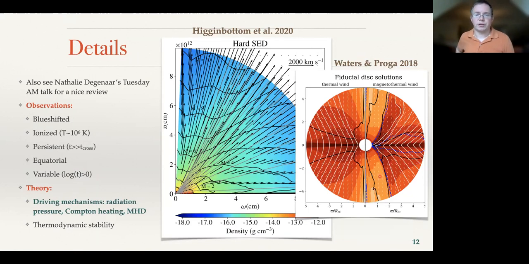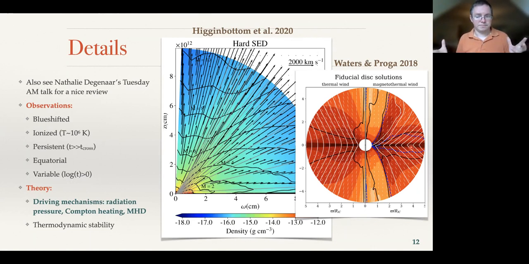So here are a couple snapshots from simulations. The one on the left here is a radiatively and thermally driven wind from a recent paper by Nick Higginbottom. And here on the right, we have a thermal wind and a magnetothermal wind in simulations from Waters and Proga in 2018.